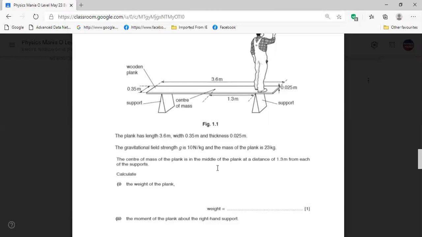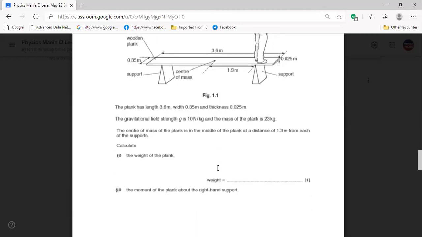Okay, so the weight of the plank you got is 230, right? So from the right hand support, the distance of the center of mass, how much is it? 1.3. So you have the distance from the pivot and the force.